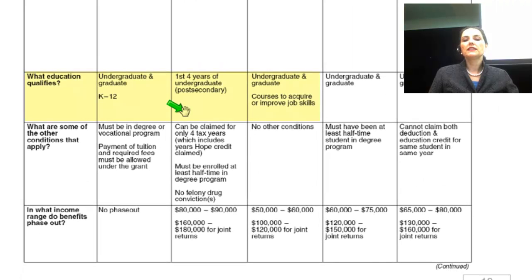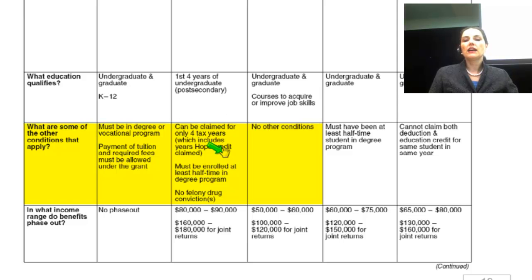What education qualifies? For the American Opportunity Credit, the first 4 years of undergraduate education qualify. For the Lifetime Learning Credit, undergraduate and graduate courses qualify, as well as courses used to acquire or improve job skills. For the American Opportunity Credit, what are some other conditions that apply? Well, the American Opportunity Credit can be claimed only for 4 tax years, including any year the HOPE credit was claimed.